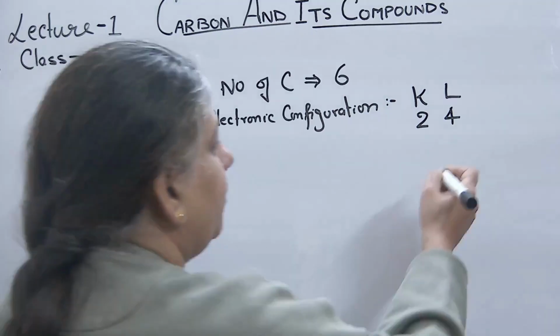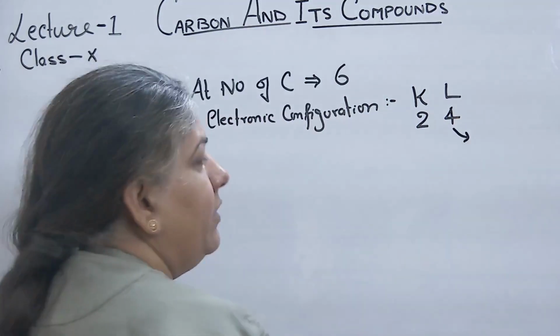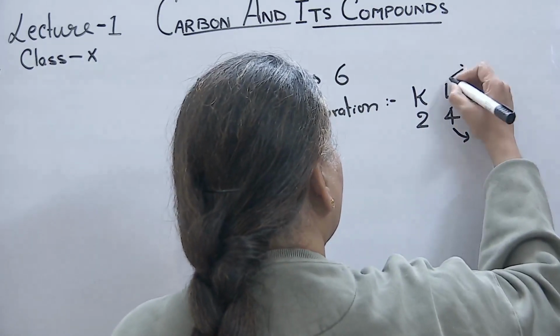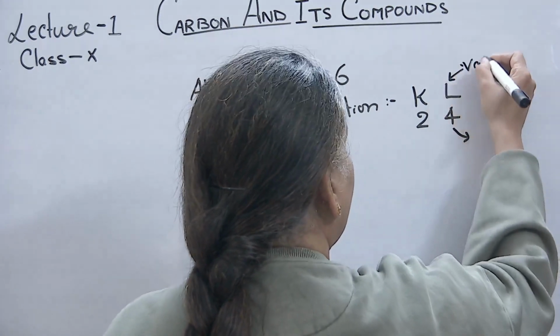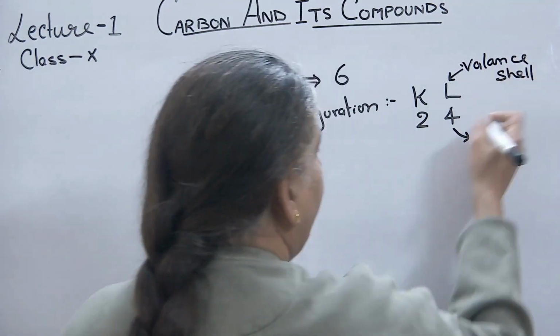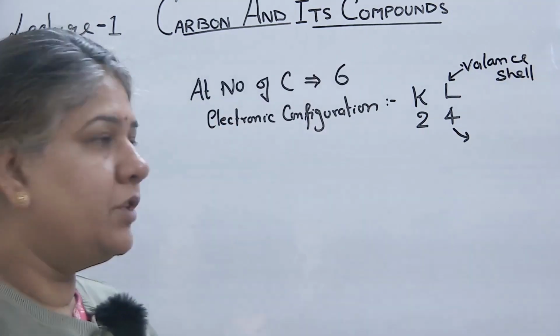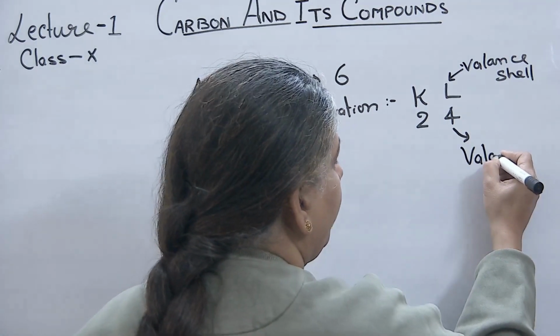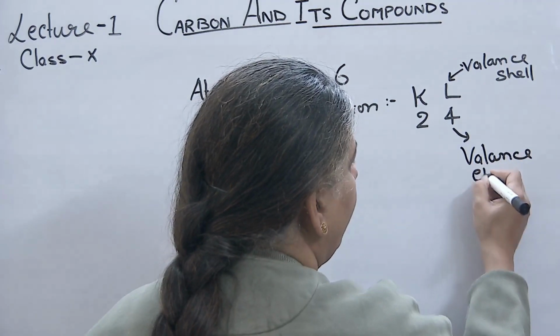That is its valence shell. L is the valence shell. Valence means outermost shell. So L is called the valence shell, and the electrons present in the valence shell are called valence electrons.